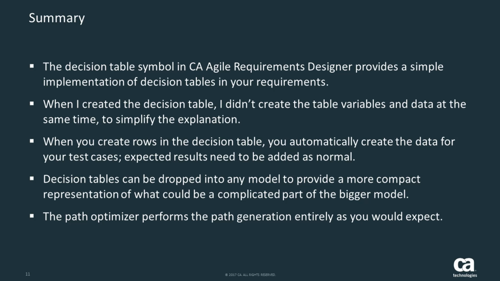When you create rows in the decision table, you automatically create the data for your test cases. So this is a slight shortcut compared with the usual way of creating models. But you have to create your expected results in the normal way afterwards. Decision tables can be dropped into any model to give you this kind of shortcut of a more complex part of a bigger model. And it's important to realize that the path optimizer performs the path generation entirely as you would expect.